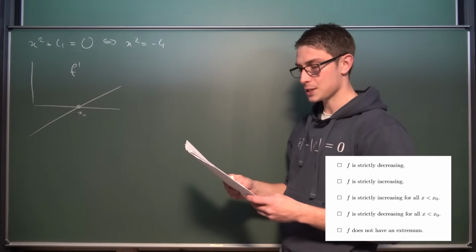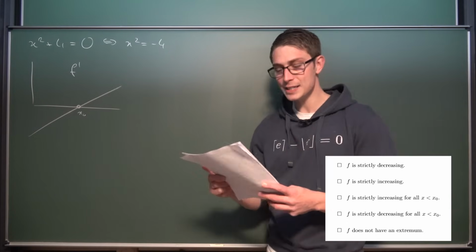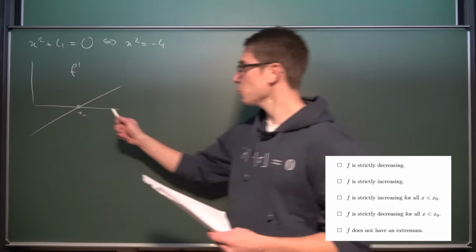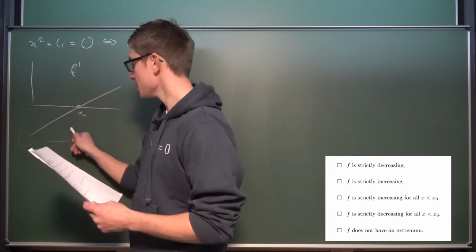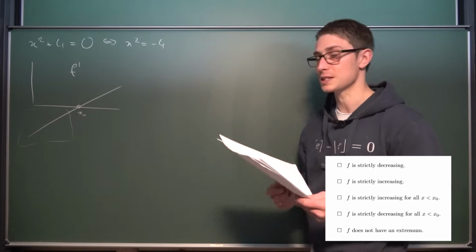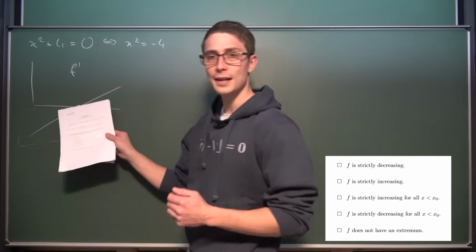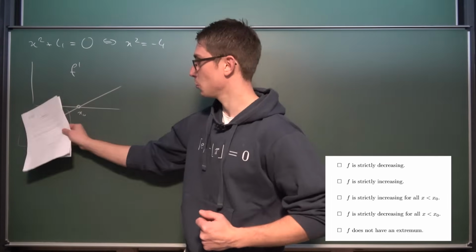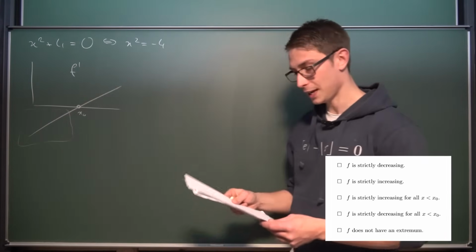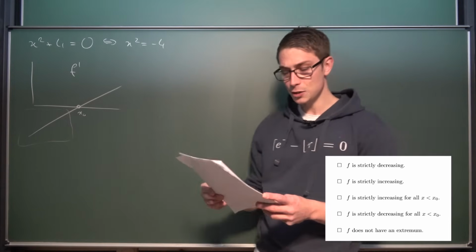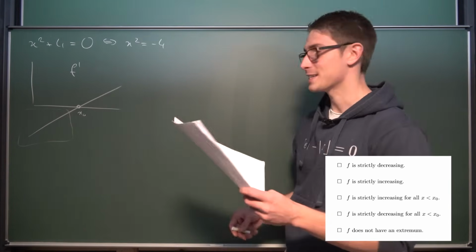Now what about f is strictly increasing for all x less than x naught? There would be that part here, and the question is asking for increasing. As mentioned before, by the same arguments, on this interval here it's decreasing because the y values of f prime are negative here. Now f is strictly decreasing for all x less than x naught.